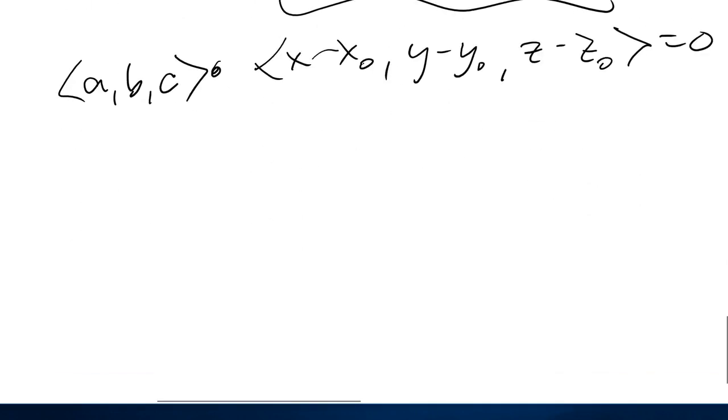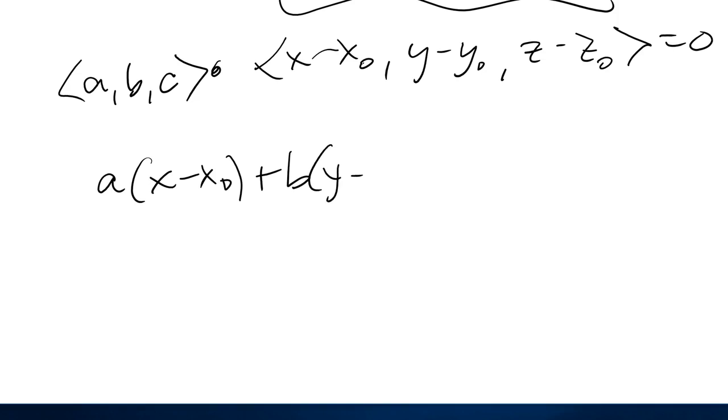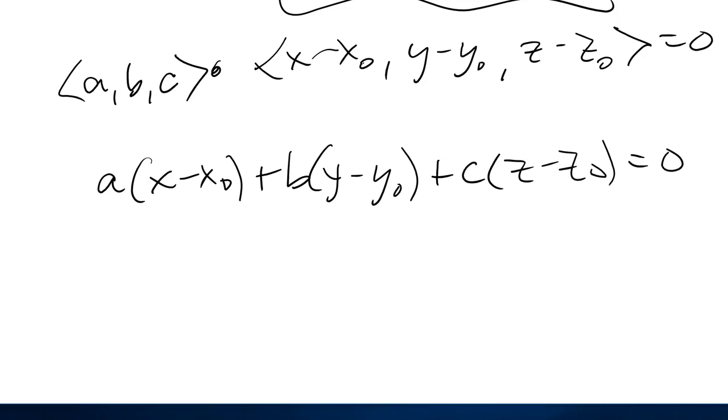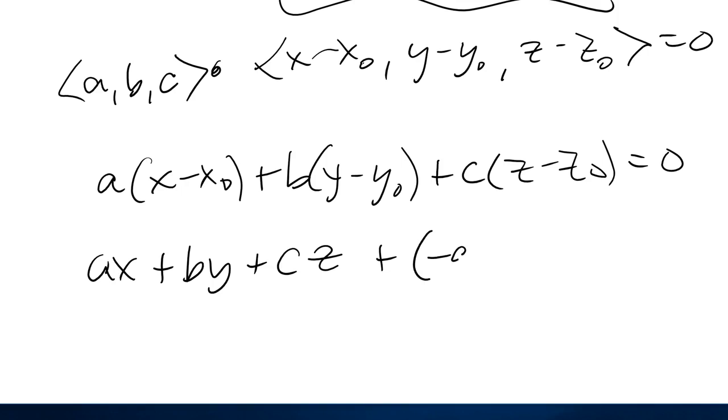And now if I do the dot product, this is a times x minus x naught plus b times y minus y naught plus c times z minus z naught equals 0. And now if I multiply this through, I get ax plus by plus cz plus, and then it's negative ax naught minus by naught minus cz naught equals 0.